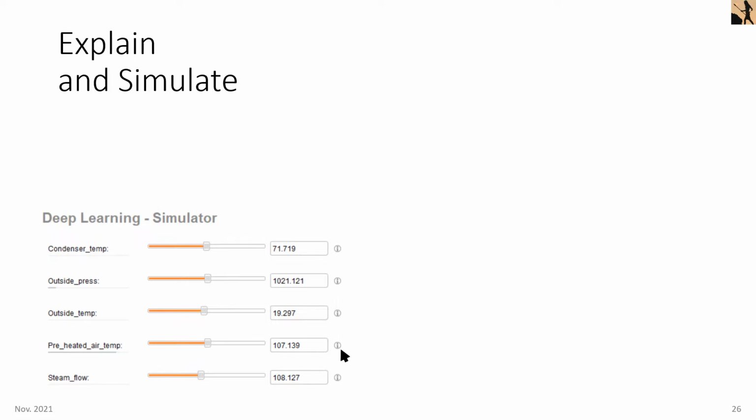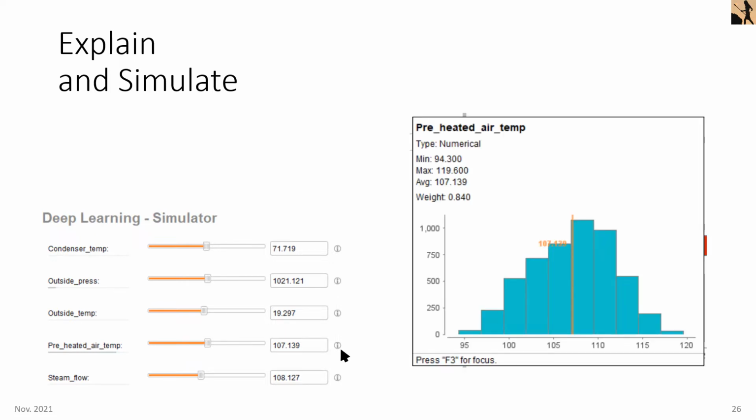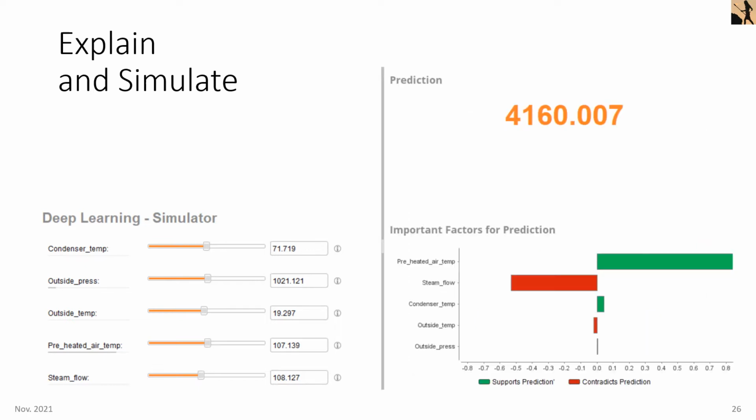If you move to this particular feature, the preheated air temperature, they will show the histogram of preheated air temperature, and the average value is here. So this is first of all how the interpreter is set up to explain the models.